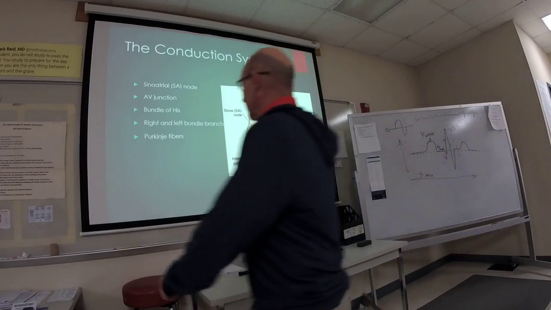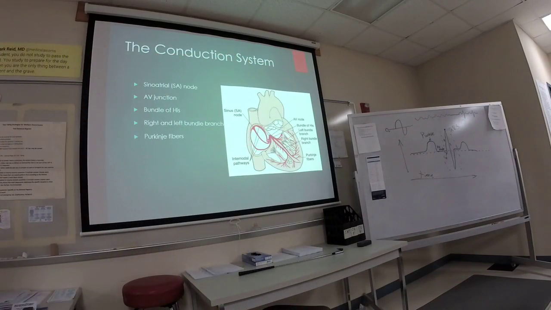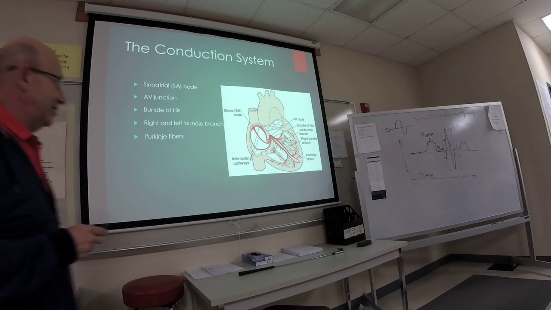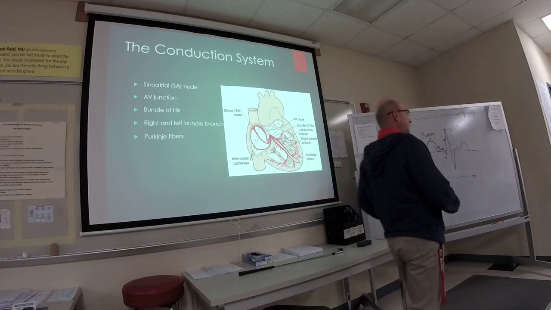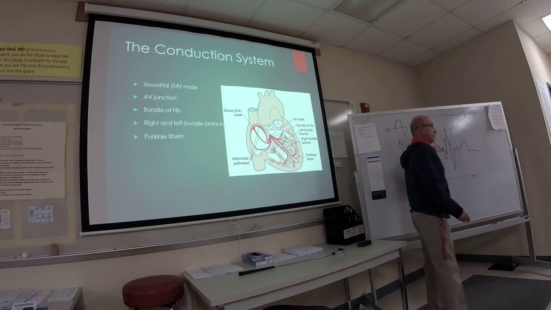They're only conducting cells. So a sinus rhythm, if it's working correctly, will produce this P wave. When the SA node depolarizes, what takes place on the EKG is this P wave.